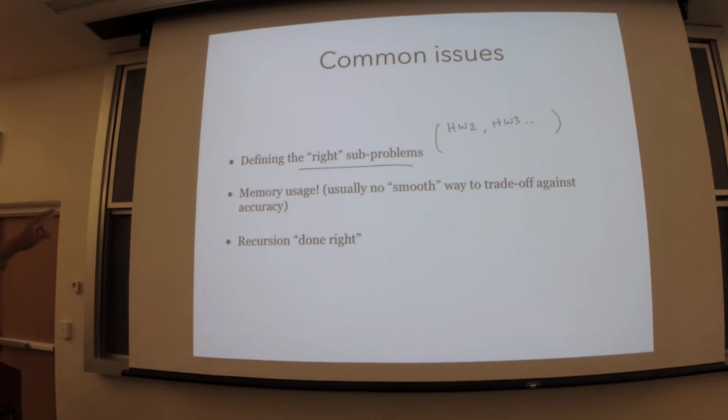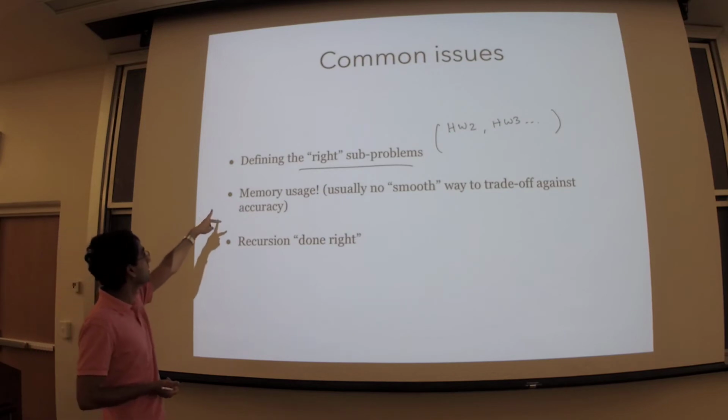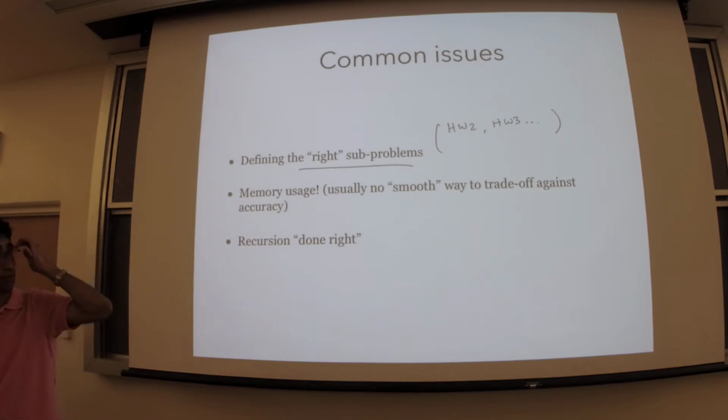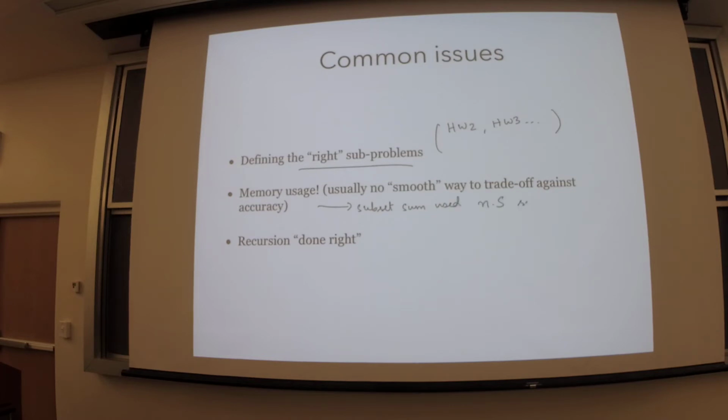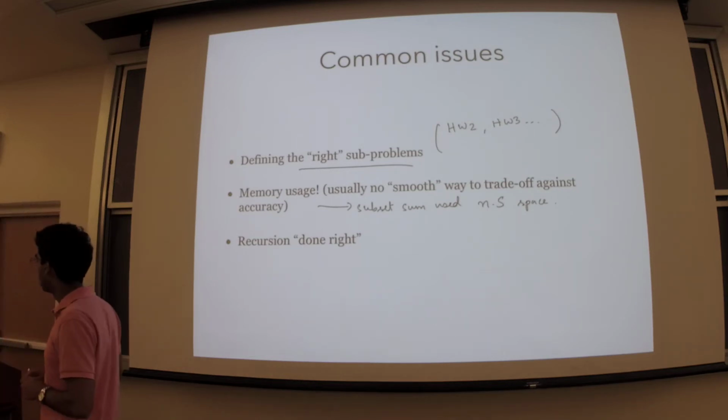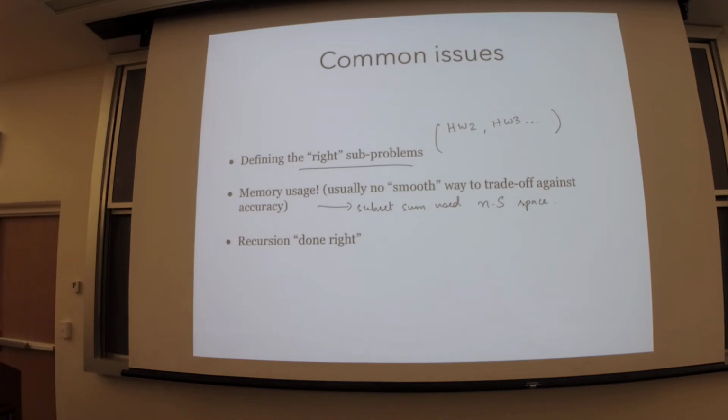The other main issue with dynamic programming is the memory usage, as he was mentioning. In the first example, for subset sum, we said that you use n times s space. And if s is fairly big, then this could actually be really bad.